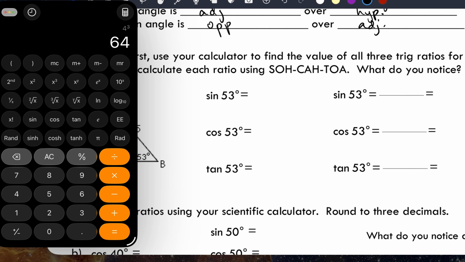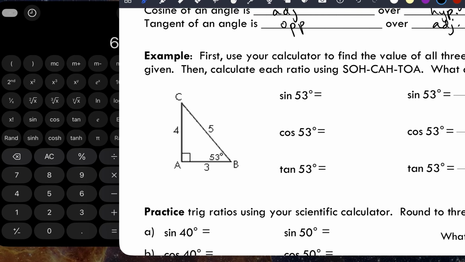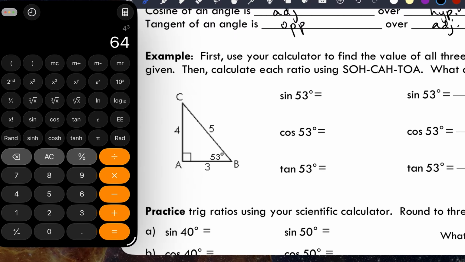Okay, so if I'm going to do this on a calculator, now we're going to be working with angle measurements. So if we're given the angle of 53 degrees, we can calculate that on our calculator. Let's clear our screen. Make sure your calculator is in degree mode.